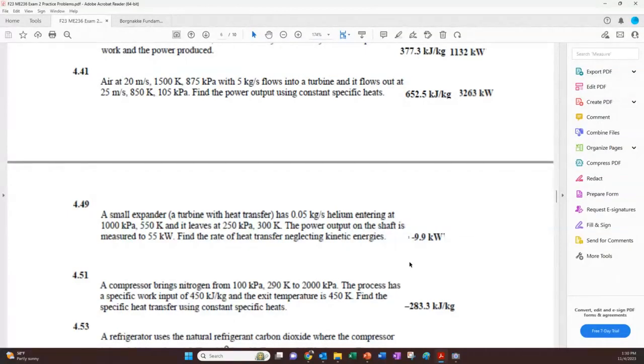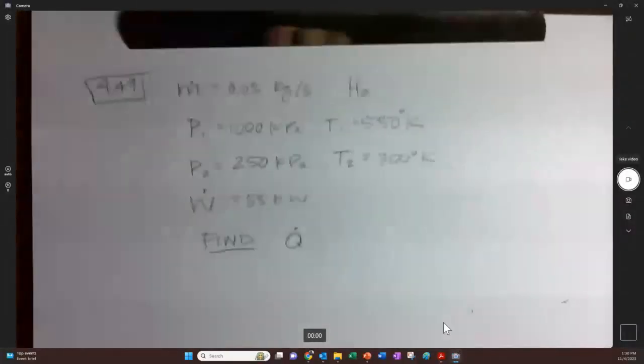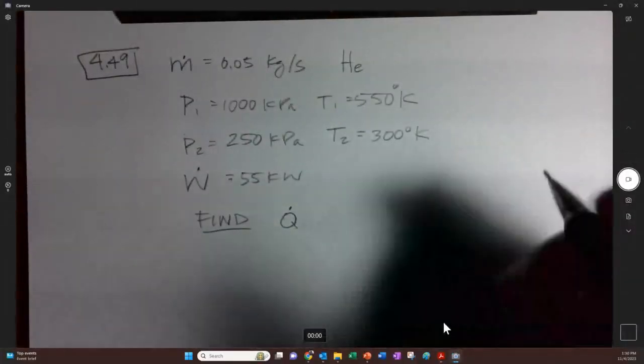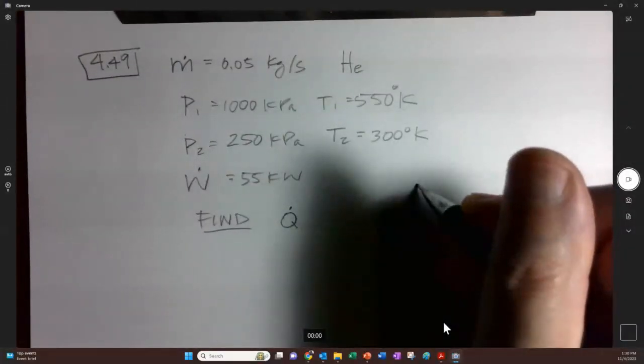So what we're going to need to do is find Q dot out, the heat transfer rate. But by the way, heat could be in. You don't know. So the sign conventions can help us if we don't know whether the heat is going in or out.